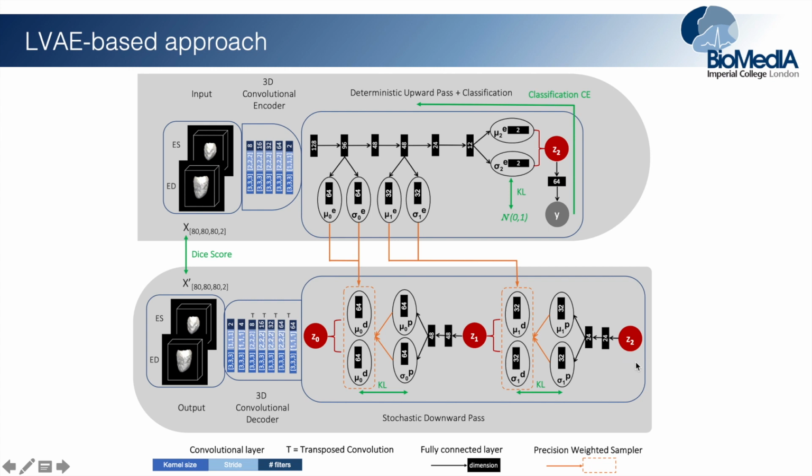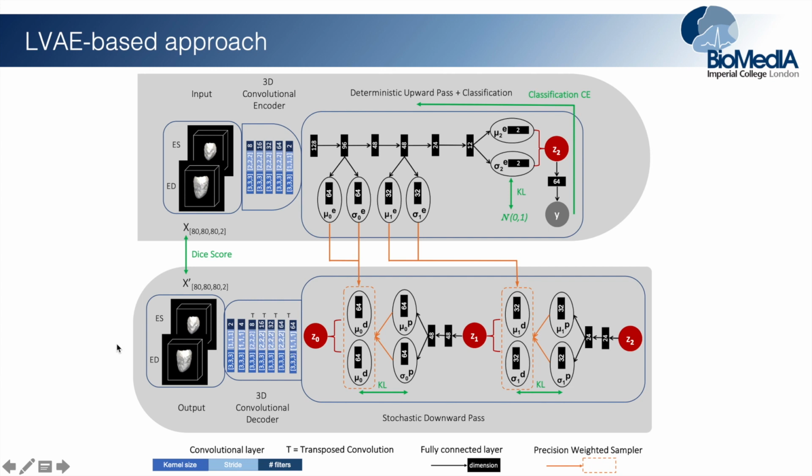Essentially, we compute the mu and sigma prior estimation through a series of fully connected layers, and we mix them with the likelihood estimation that we got in the encoder branch, as I showed you before, to get the posterior estimate of mu and sigma. From this one, you can sample Z1 and then Z0. And Z0 will then be fed to the 3D convolutional decoder that will reconstruct our shapes.